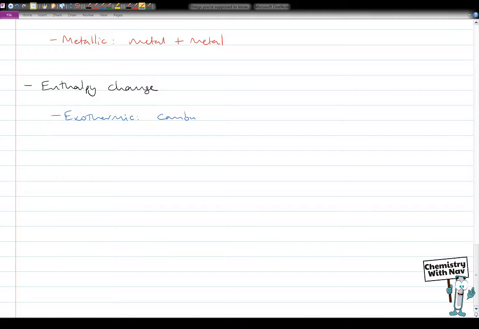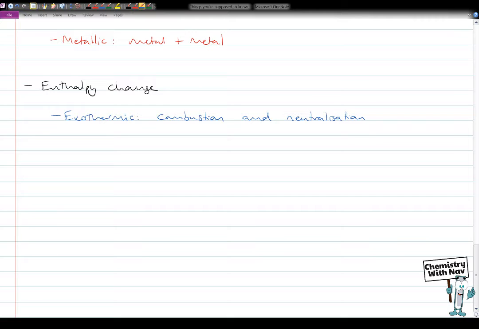So combustion would be a very good one for an exothermic reaction, remembering that your delta Hc, your enthalpy change of combustion, is defined as the energy change when 1 mole of substance is combusted completely in oxygen at standard conditions. You could also have neutralization.